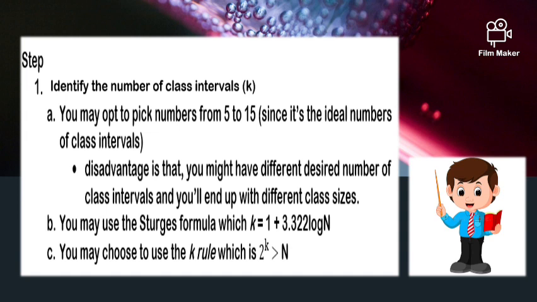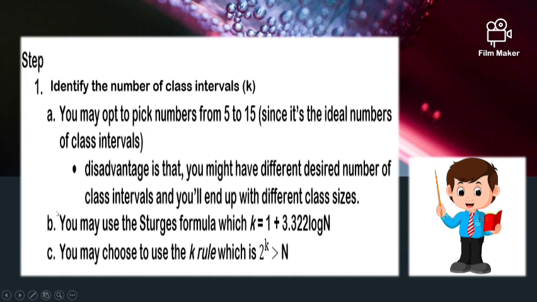Sometimes we are confused if we were told to construct a frequency distribution table and we're the ones to decide the number of class intervals. So what will happen is that some classmates might not have the same number of class intervals.